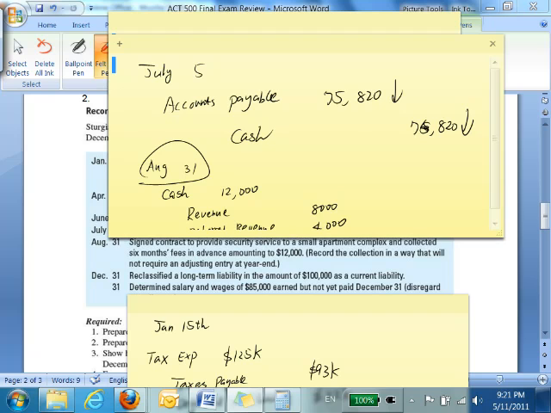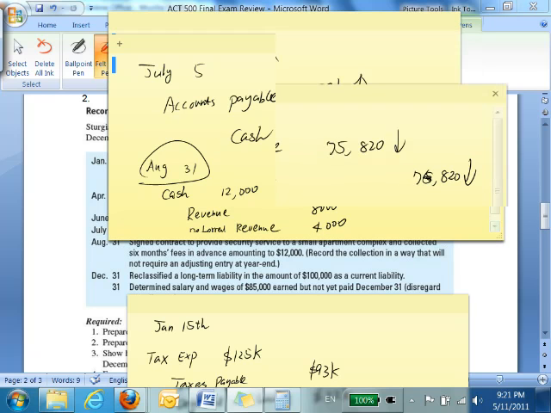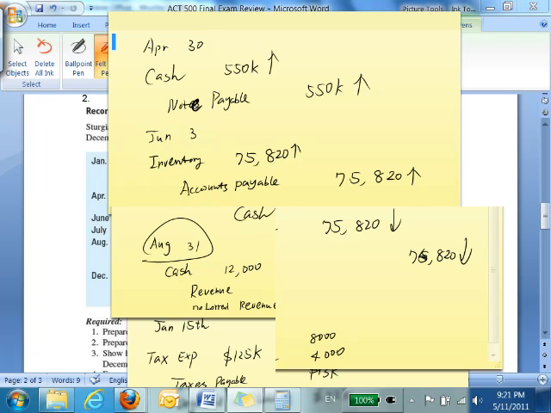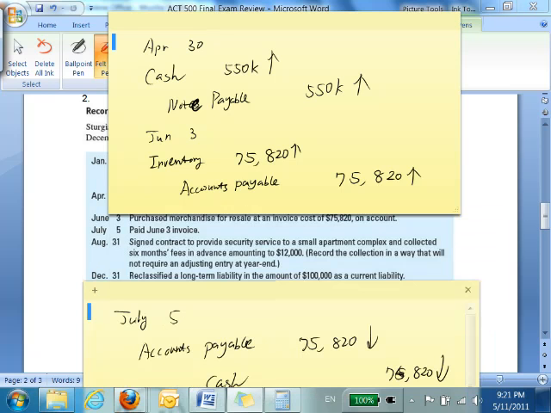Some portion of it is deferred revenue. But is there a reason that the entire amount is not deferred because they have not started the work yet? The entire amount is not deferred because look at here, record the collection in a way that will not require adjusting entry at year end.